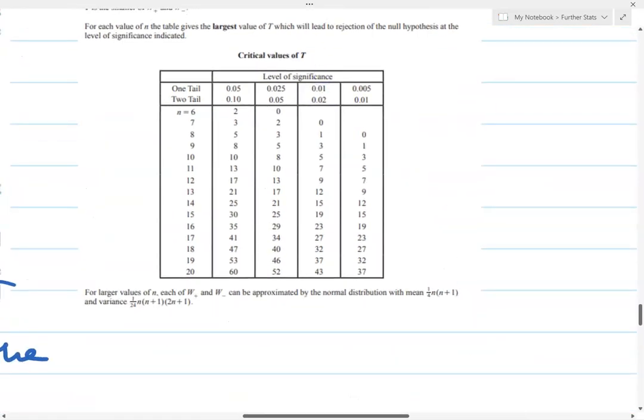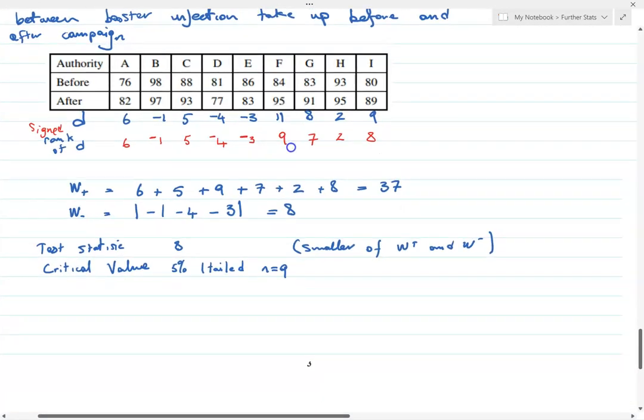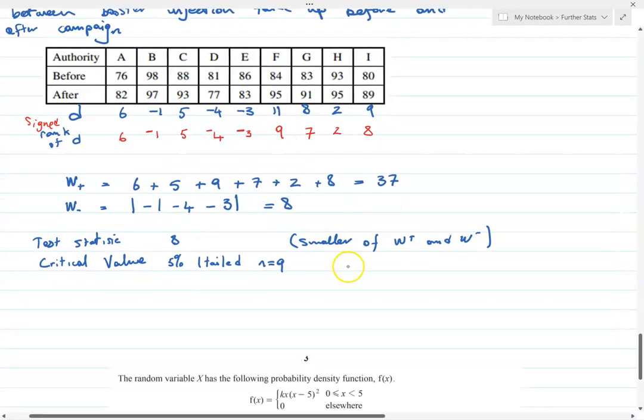N equals 9, 5%, the critical value is equal to 8. So we've got test statistic equals 8, equals the critical value, which is also equal to 8.